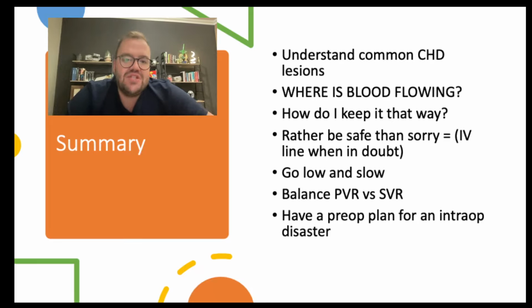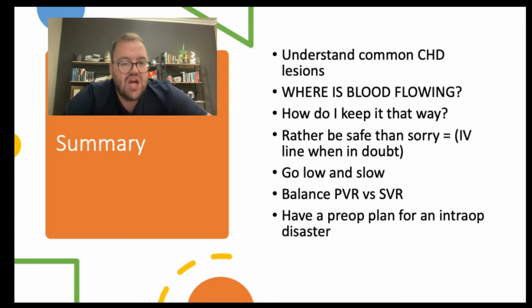Number one most important thing, guys, is to understand common congenital heart disease lesions. Draw the picture. Where is blood flowing? Ask yourself that all the time. Ask yourself that when things are going well. And more importantly, ask yourself that when things are going wrong and pear-shaped, because then blood's going in the wrong direction. How do I keep it that way?